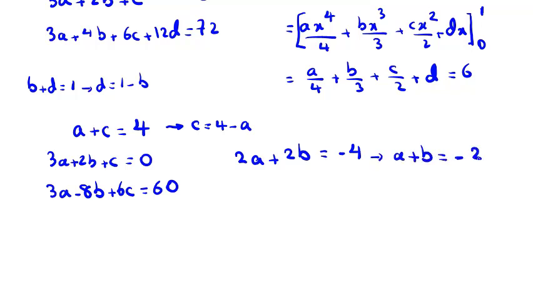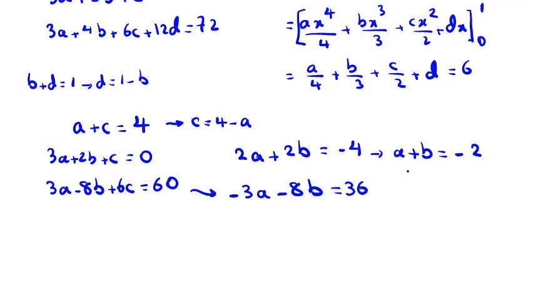If you replace here, c is 4 minus a, so negative 6a plus 3a is negative 3a, minus 8b, and plus 24 equals 60. So you can take 24 to the right-hand side, and it will be 60 minus 24, which is 36.